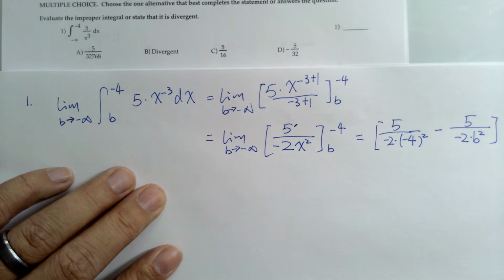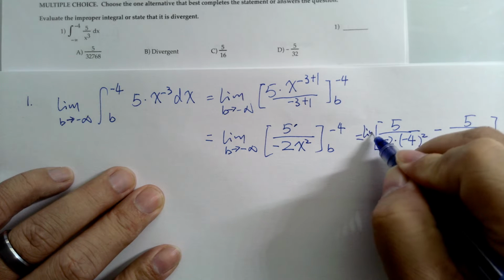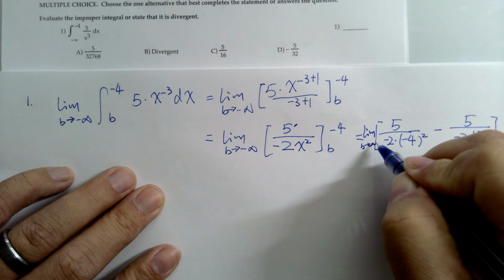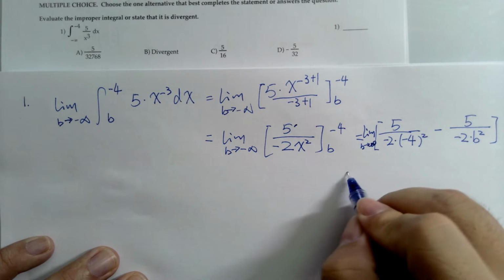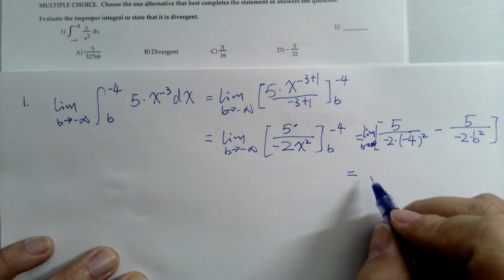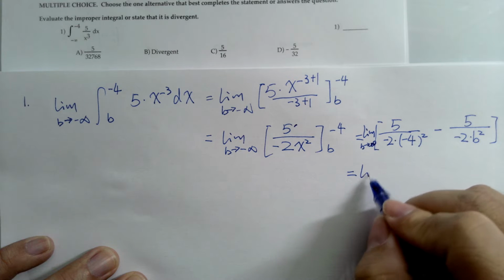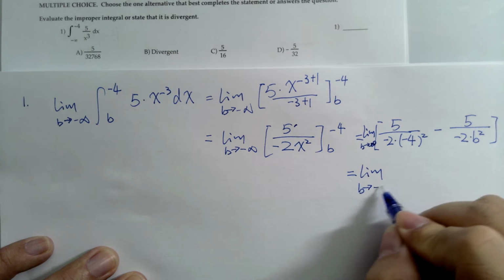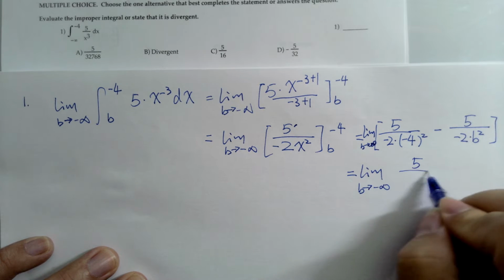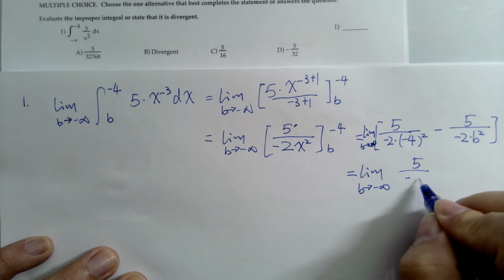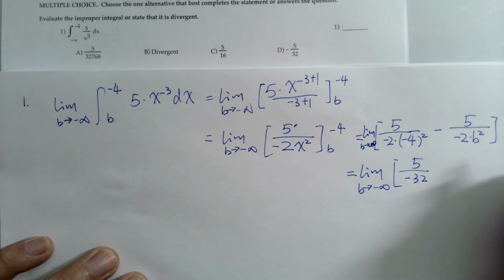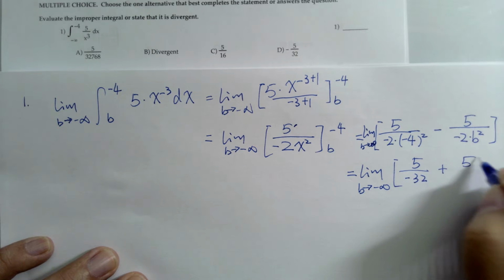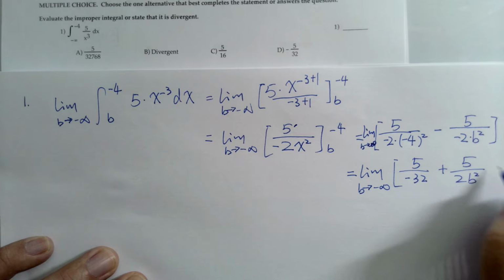And then also, don't forget we have this limit as b goes to negative infinity. If you simplify this part, that's going to be the limit as b goes to negative infinity of 5 over negative 32, and then the minus becomes a plus, so it's plus 5 over 2b squared.